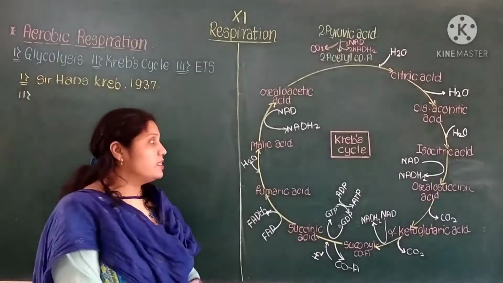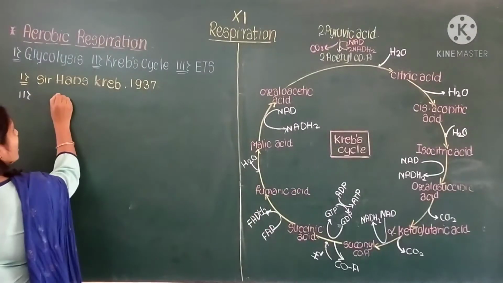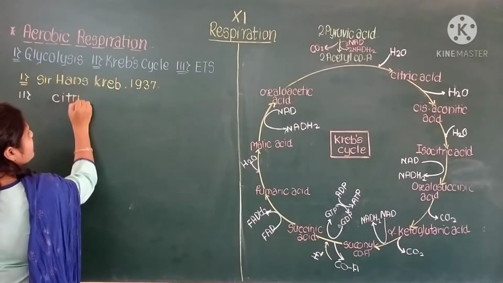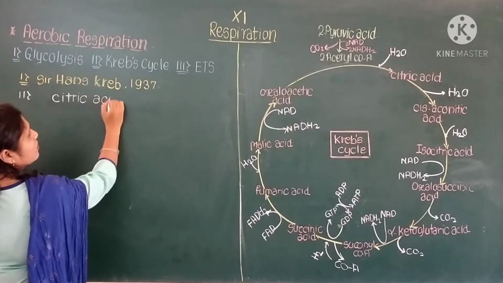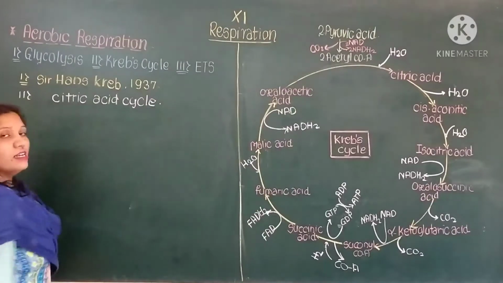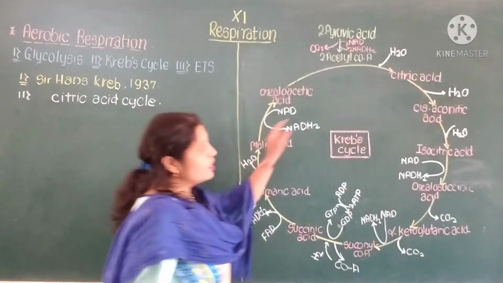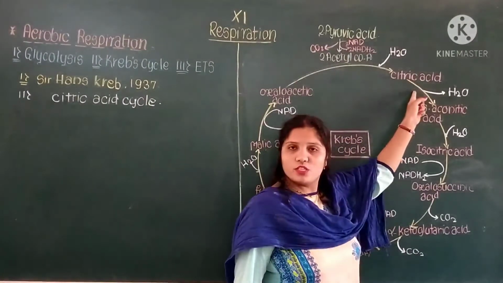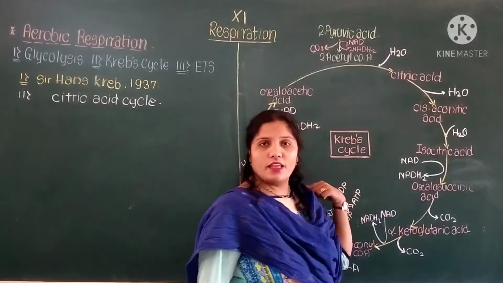Okay, the Krebs cycle is also known as the citric acid cycle, because the first compound which is formed in it is known as citric acid.